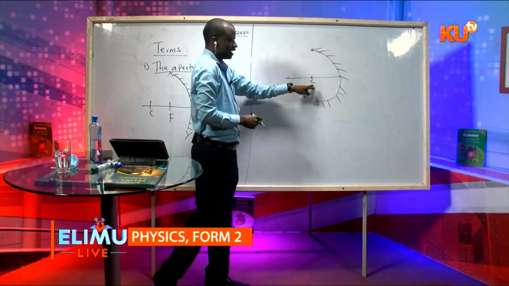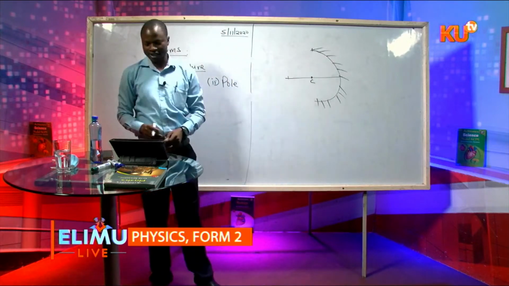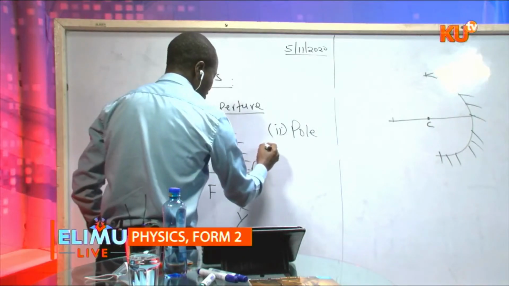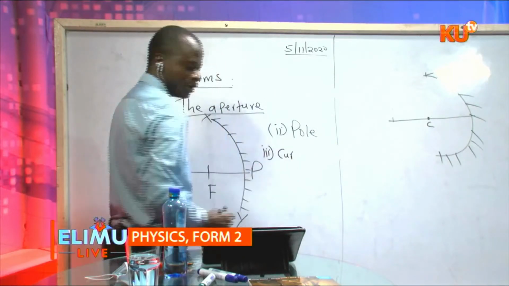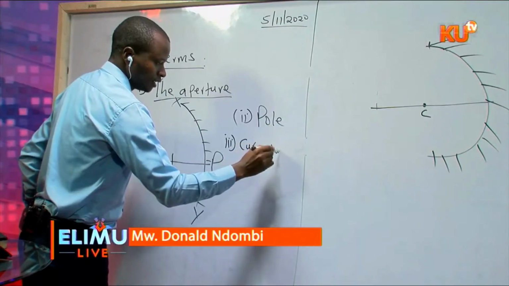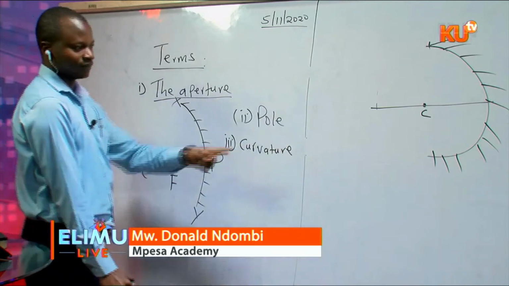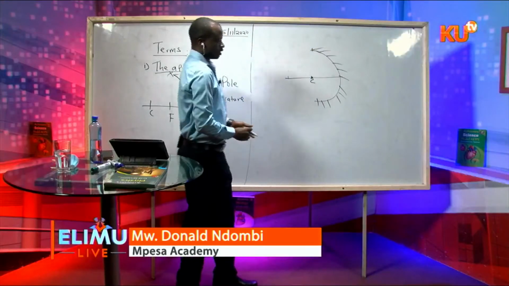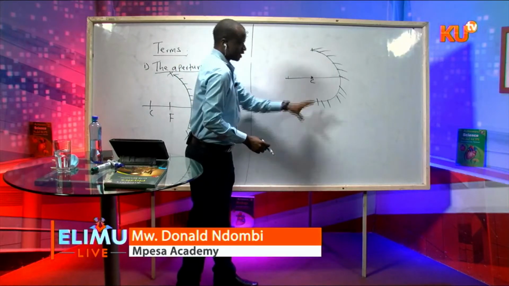That's what we are calling C. And C stands for center of, how will you pronounce this? Center of curvature. Center of curvature, C.